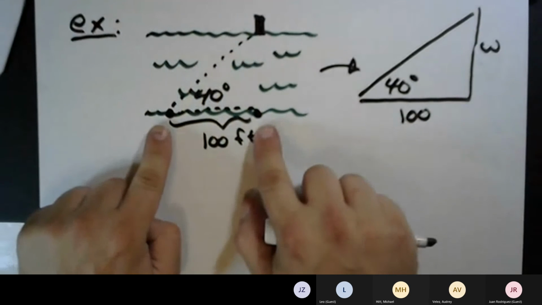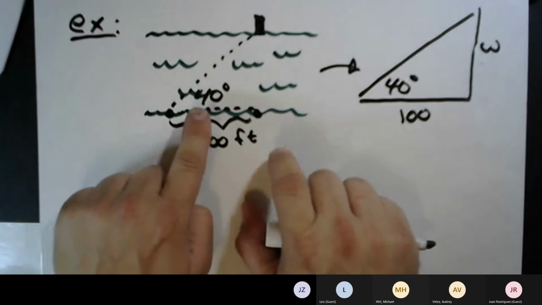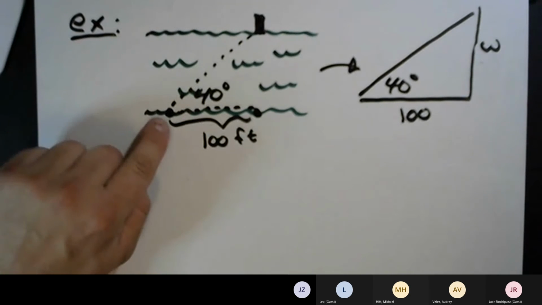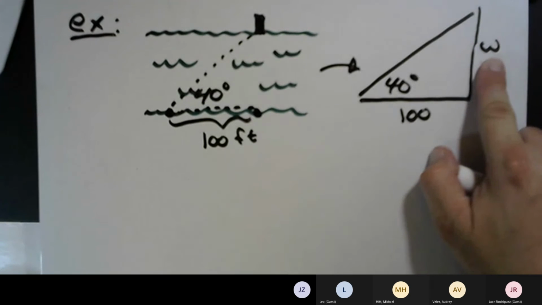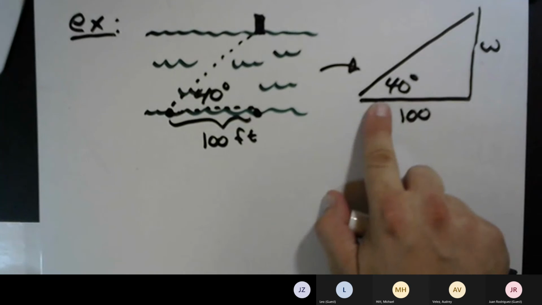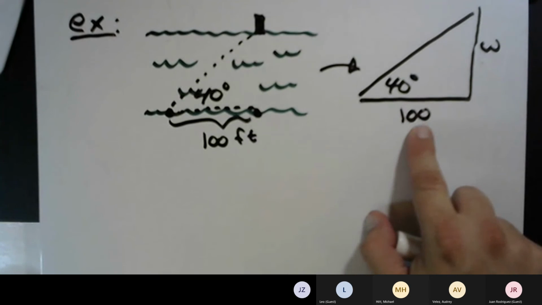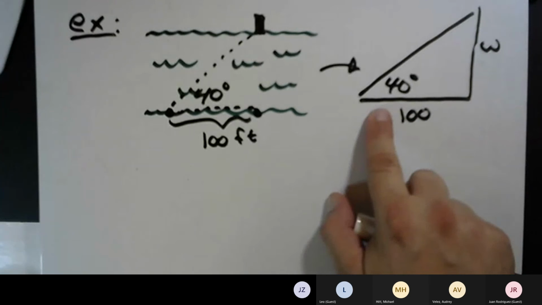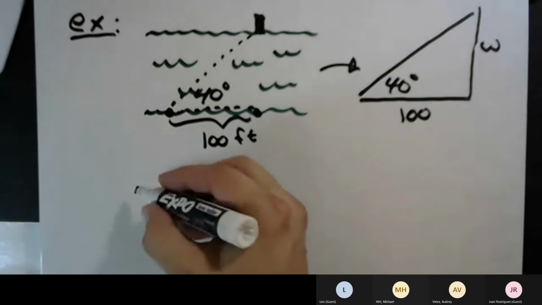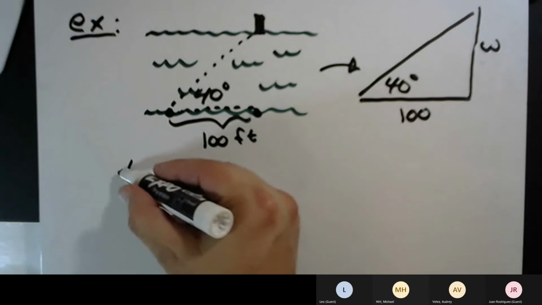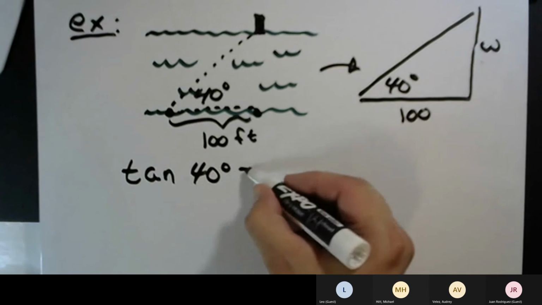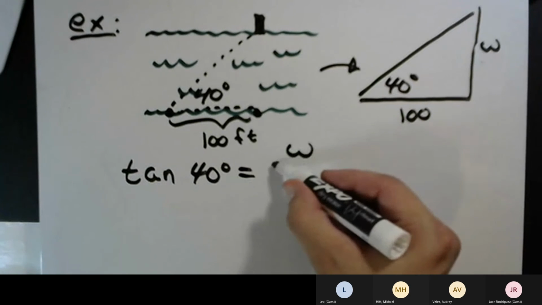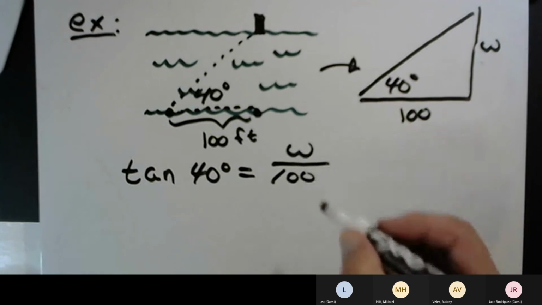If you take a side of the bank you know how to measure and an angle that you know how to measure while sitting right here. Well, the missing side is opposite the 40 degrees. The known side is adjacent to the 40 degrees. So this forms a tangent. The tangent of 40 degrees is the opposite over the adjacent.